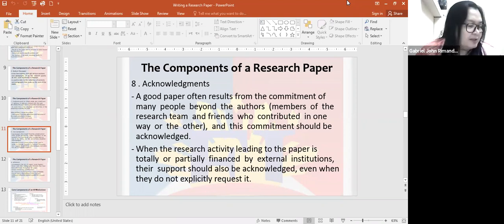When the research activity leading to the paper is totally or partially financed by external institutions, their support should also be acknowledged even when they do not explicitly request it. So in short, anyone who has helped you materialize your research work, your thesis, has to be properly acknowledged. Even your parents, you can acknowledge them if they have contributed to the success of your paper. Do you acknowledge yourself?